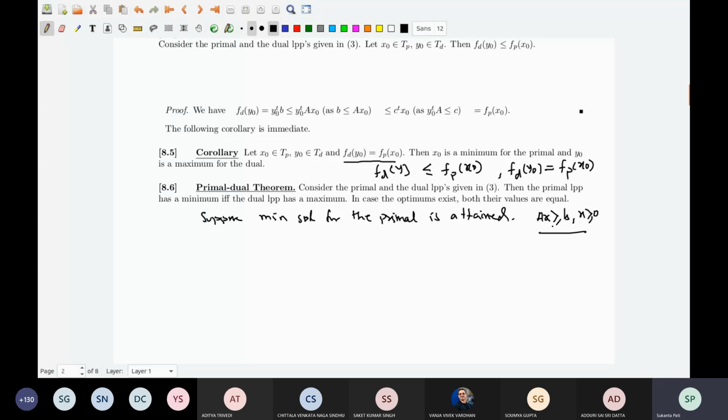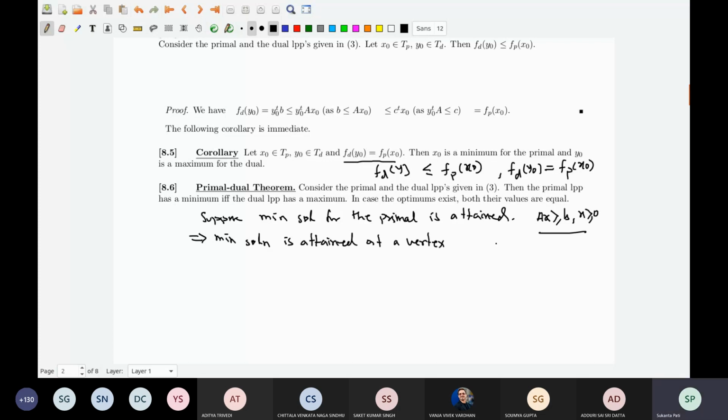So remember the fundamental theorem, it would say that the minimum solution is attained at a vertex. So in that case, the minimum solution is attained at a vertex.